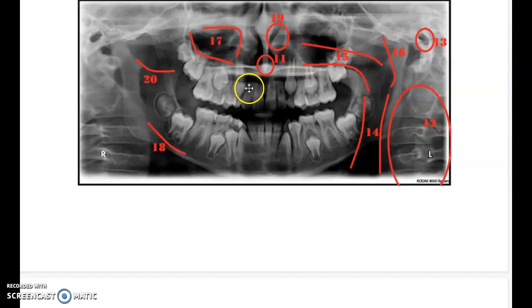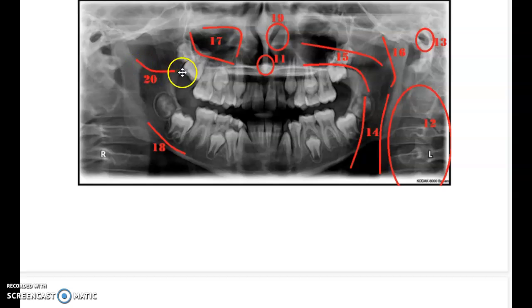Number 19, right there. So number 19 is the nasal conchae, and they are small bony projections seen as radiopaque structures. So you can see it, number 19 here. Number 20 is the coronoid process, right here. It's also called the sigmoid notch.